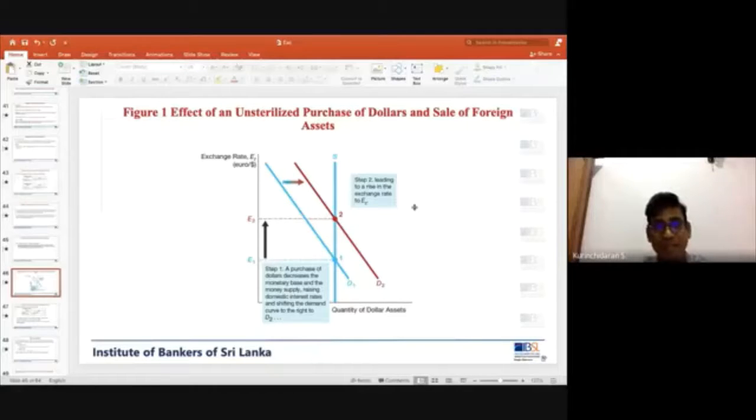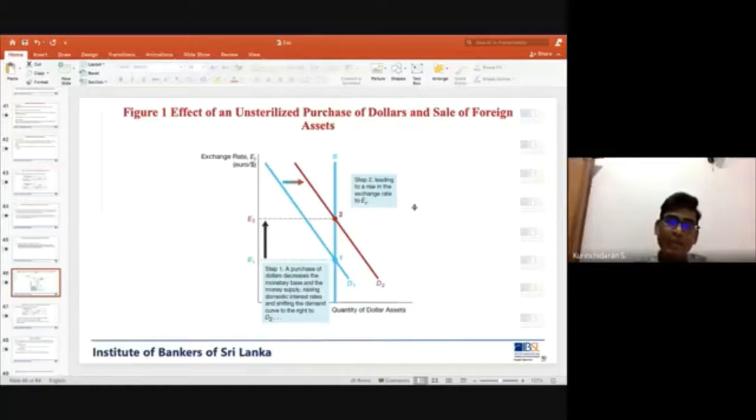If you take Sri Lanka, you are going to purchase local currency and sell dollars. You have to understand the differences. That's what I usually say. Always keep in mind, this is based on the US economy.